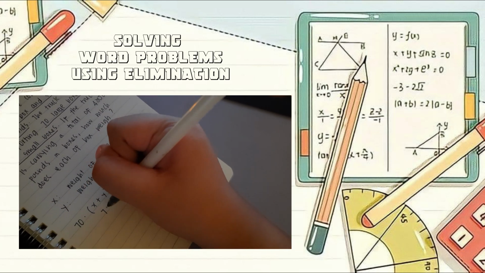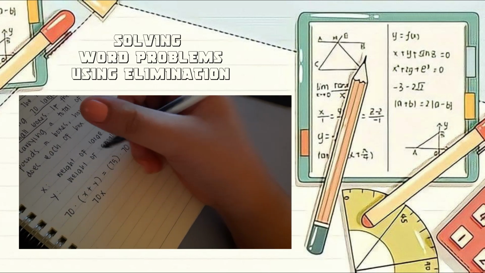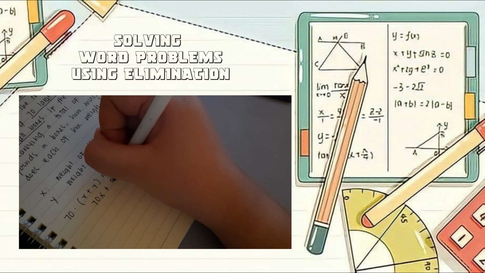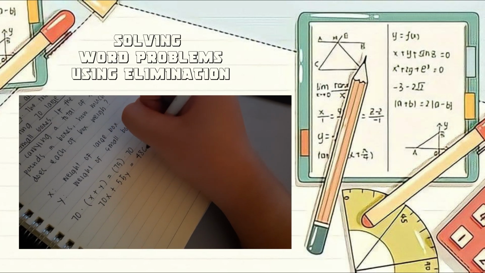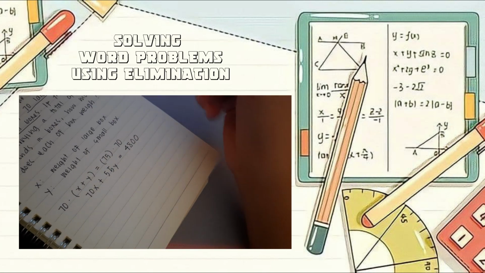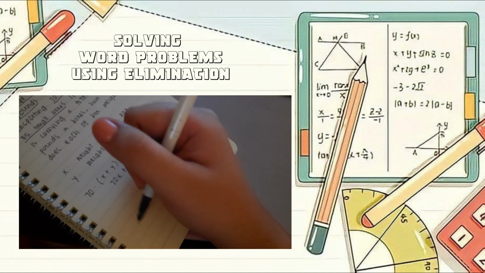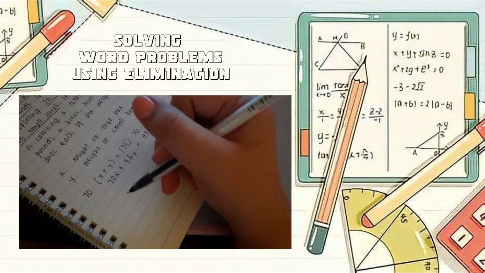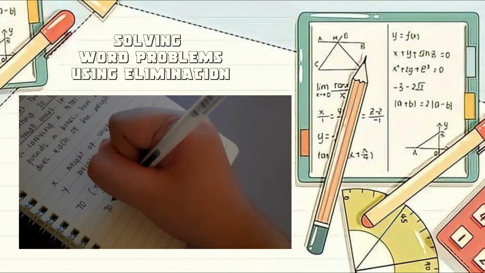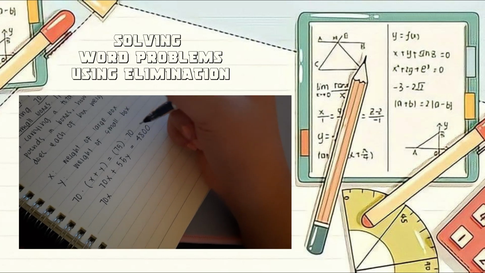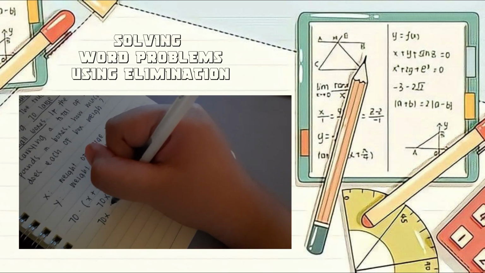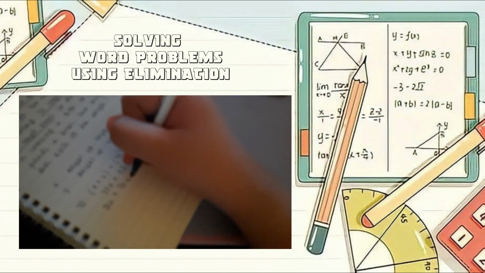So, bale, 78 punta yun dun, plus 55y equals 1,100. Minus 78 plus 71.